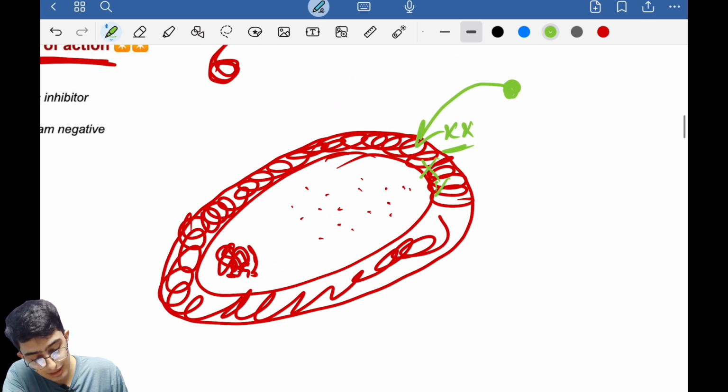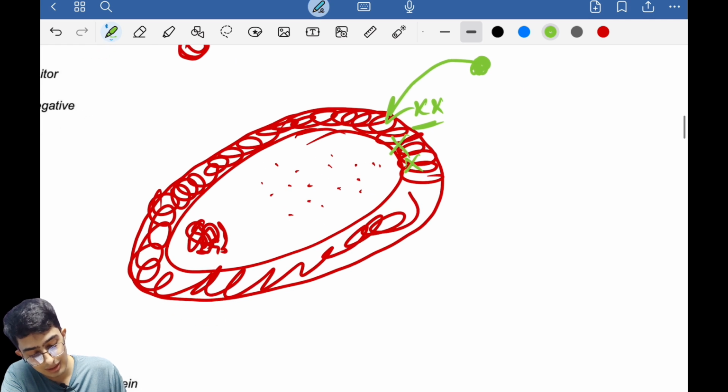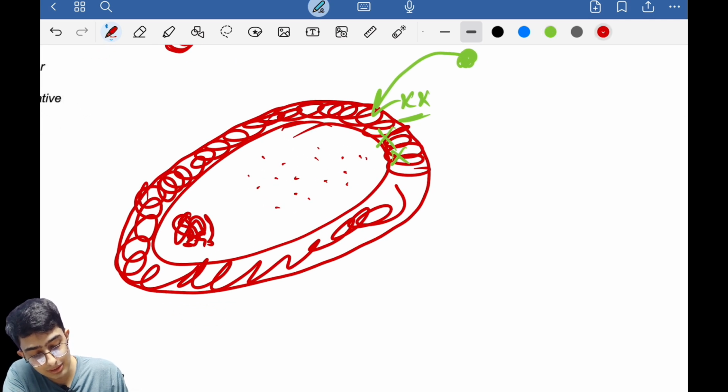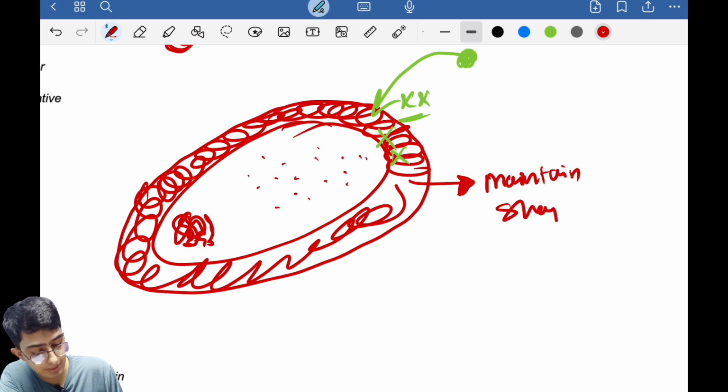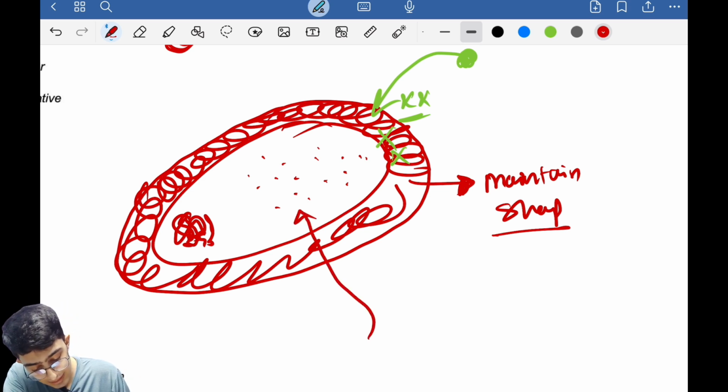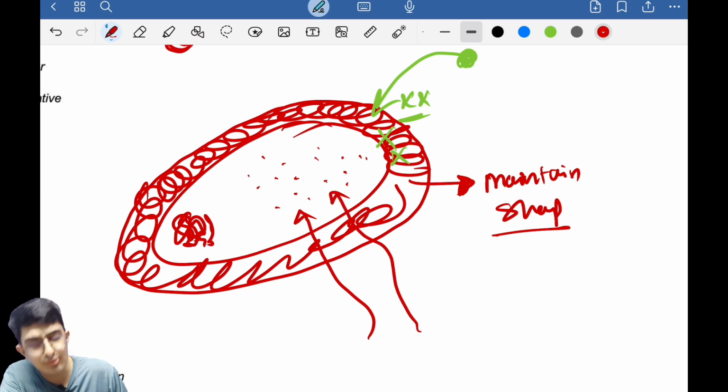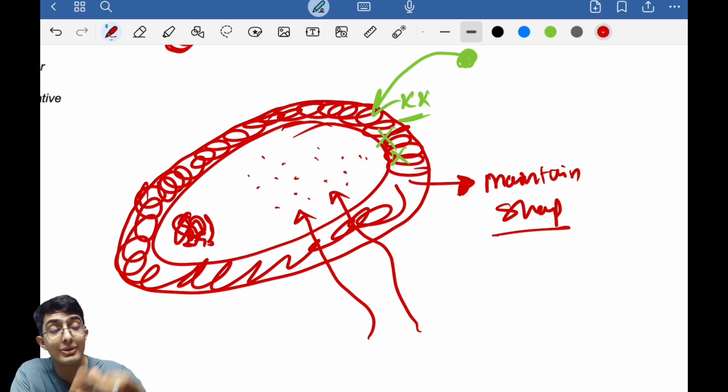Whenever this cell wall is destroyed, what was the function of the cell wall? The bacterial cell wall was mainly present to maintain the shape of the bacteria. Inside the bacteria there are lots of proteins, fluids and ions, so it's osmotically active.